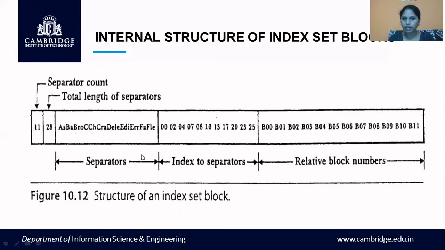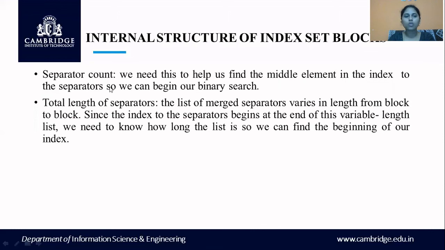Apart from separators, index to the separators, and relative block numbers, you also have two extra features. What are the two extra features? Separator count and the total length of separators. So what is the separator count? We need this to help us find the middle element in the index to the separator so that we can begin our binary search.